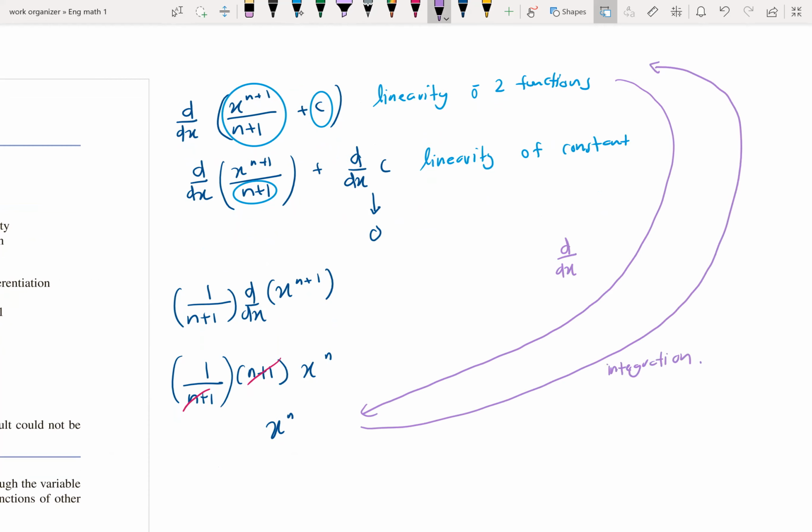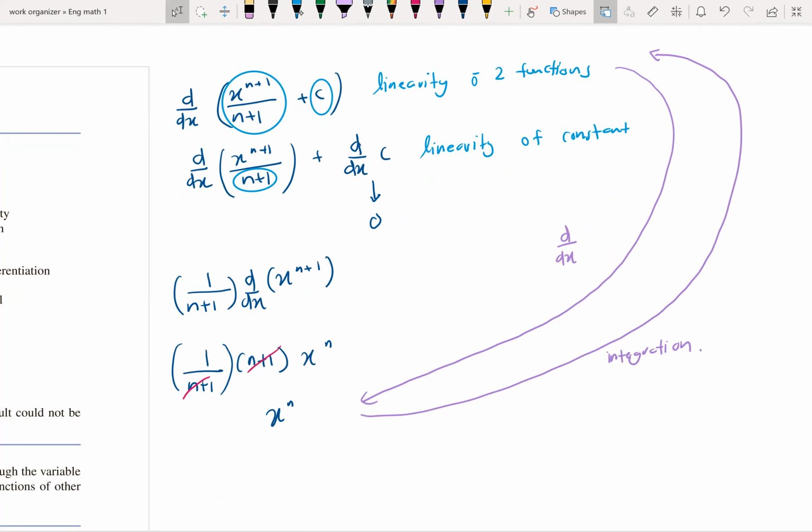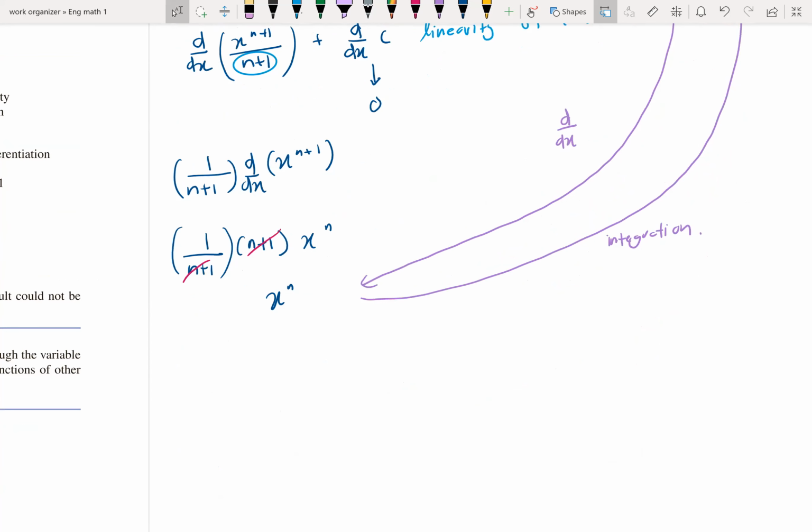That's why we are deducing that the integration of xⁿ dx gives us 1 over (n+1) x^(n+1) plus c.